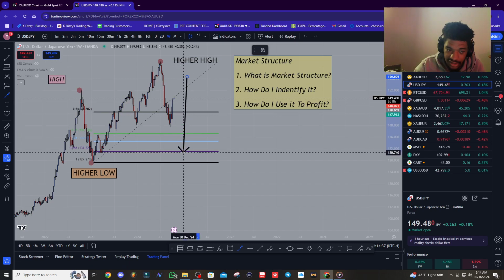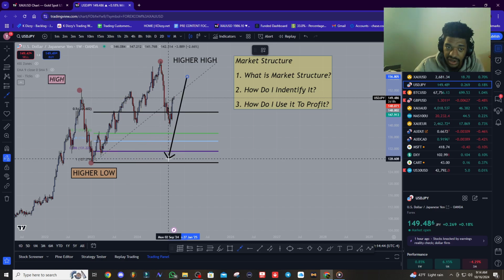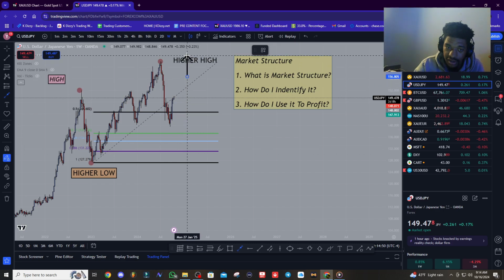And if it gets all the way to the purple, that's just a strong area of interest to be getting into a trade. If you're gonna buy, you want to buy at the lower points and ride the wave all the way up, you know what I mean? You don't want to buy right around here, if you can get a better entry all the way from down here.